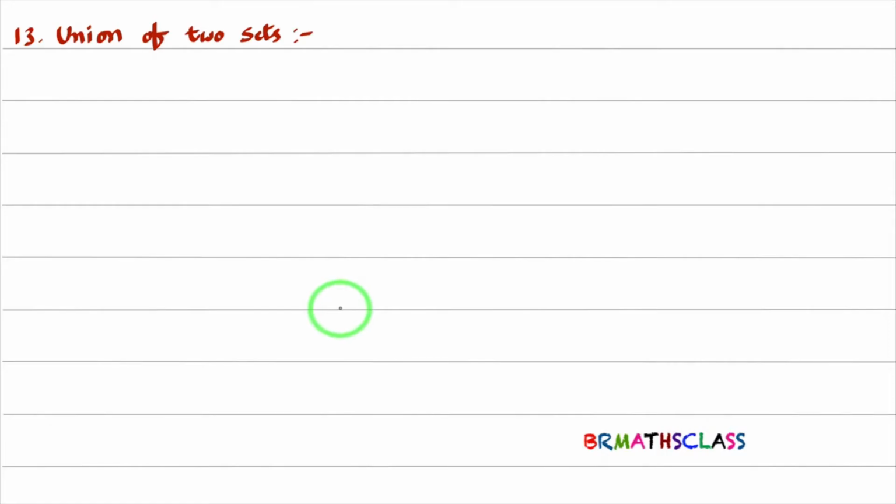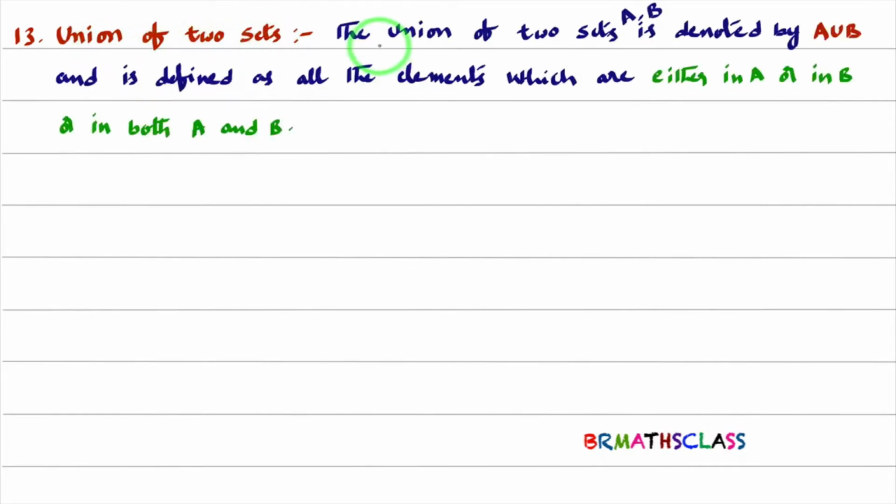In this class, we will learn about operations on sets. First operation is union of two sets. First, we will learn how union of two sets is defined. Union of two sets A comma B is denoted by A union B. Look here, how we read this?